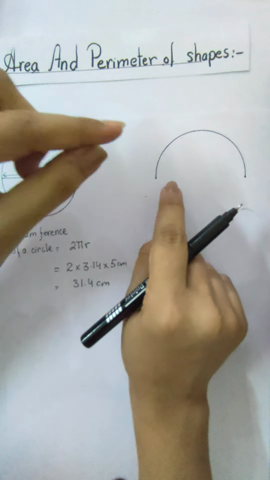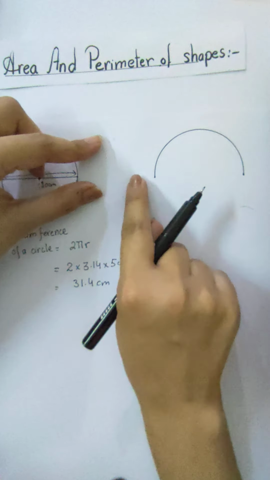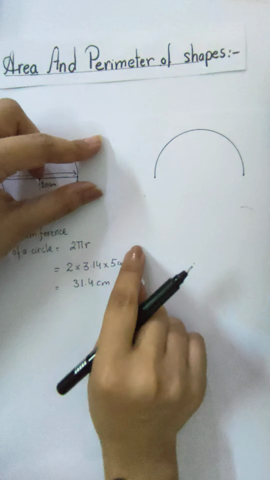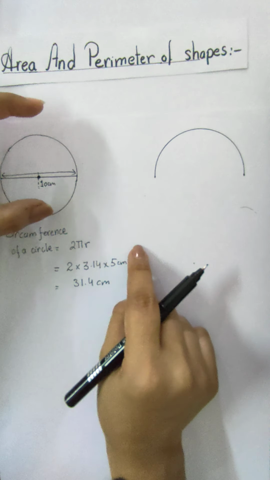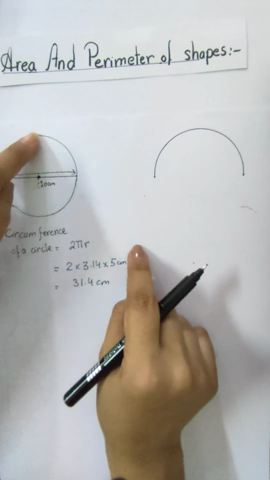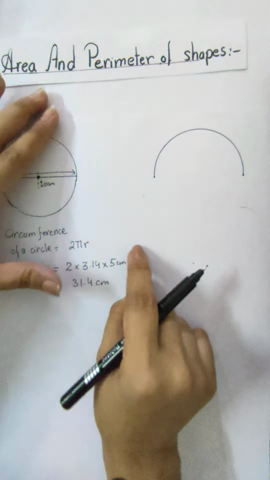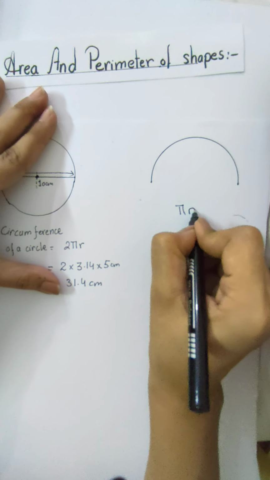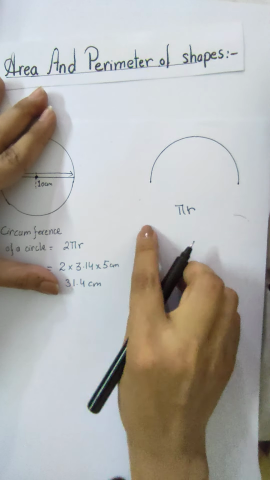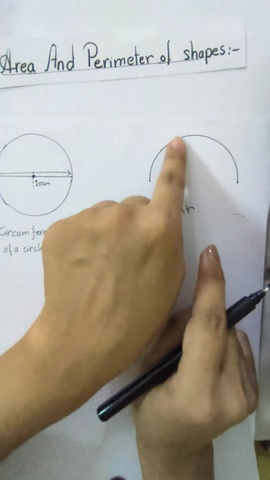So what is the formula to find the length of this circumference? The formula of the complete circle is 2 pi r. When it becomes half, what will be the formula? Pi r. Just with the help of pi r, you can easily find out the circumference of a semicircle.